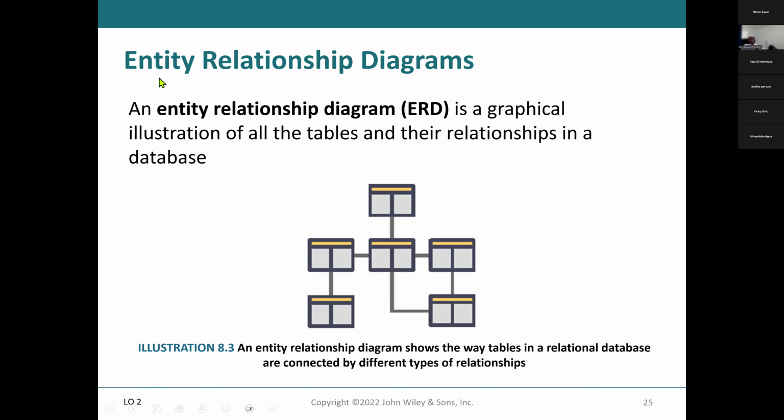This is something different, but again, related to the concept of data. This is an entity relationship diagram. And this is a graphical illustration of all tables and their relations in a database. So we did this when we were doing Postgres, that we had multiple tables.